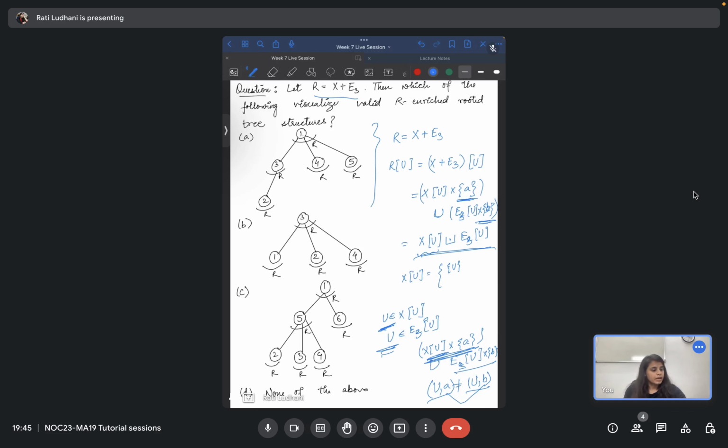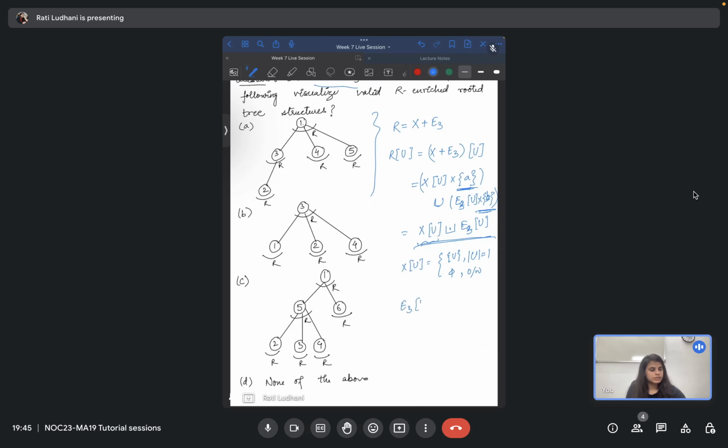So okay, xu. What do you know about this? Xu is equal to the singleton set U if cardinality of U is 1, and phi otherwise. Is that clear? This is the way. This is xu, right?